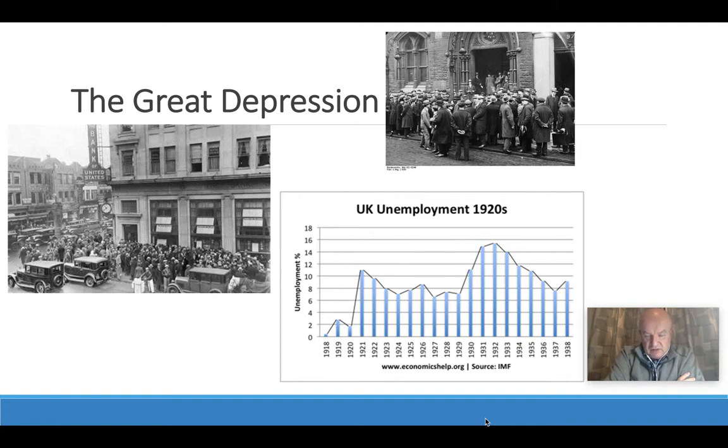There were significant knock-on effects with trading partners too, as you can see from the graph in terms of the percentage of people unemployed during that time period, right from 1918, the end of the First World War, through to a peak around 1930, 31, 32, where we were talking about 15% unemployment. There was a bit of a recovery to 1938, and then straight back into the Second World War.